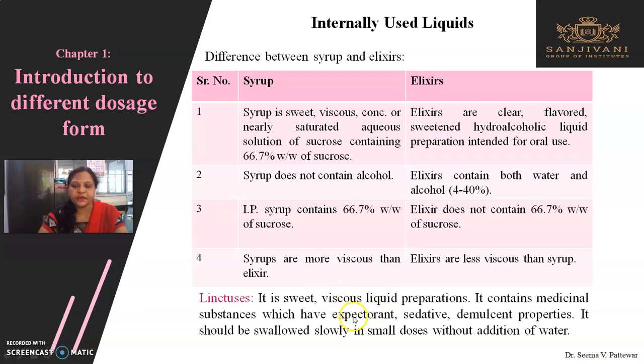Sedative, it gives natural sleep. Demulcent, if there is a problem in the throat or to take the food, then this demulcent property can be useful. So mostly Linctus are used for such type of drug. Then it is called as the Linctus. For the preparation of Linctus, again syrup can be used.